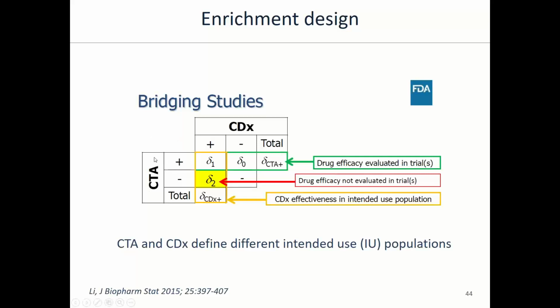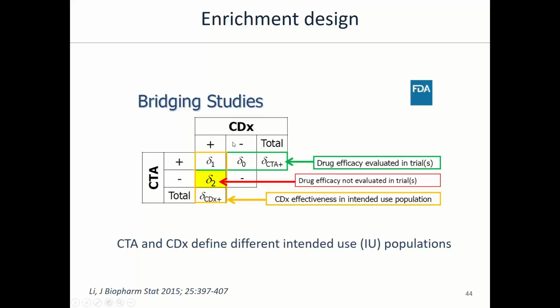So in the end, what you will now be shifting is the intended use population of the drug. When the drug was approved with the clinical trial assay, and in an enrichment design you only included the biomarker positive patients, then this is your intended use population for which you have a treatment effect. Now you bring in a new test, a companion diagnostic, and you will say that you will use it to identify the intended use population.